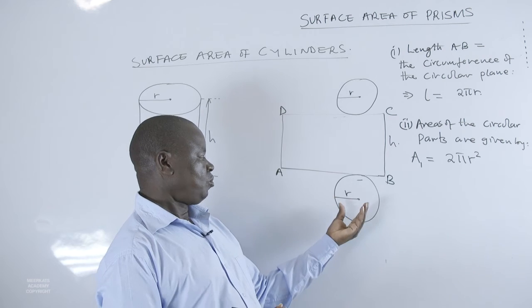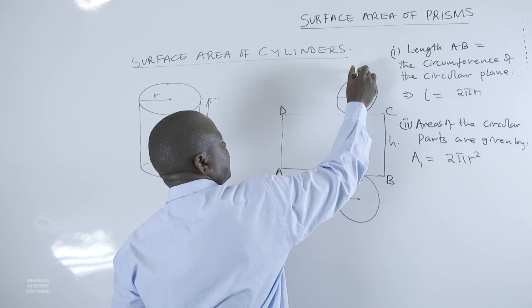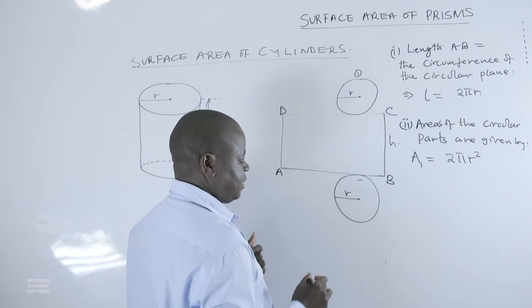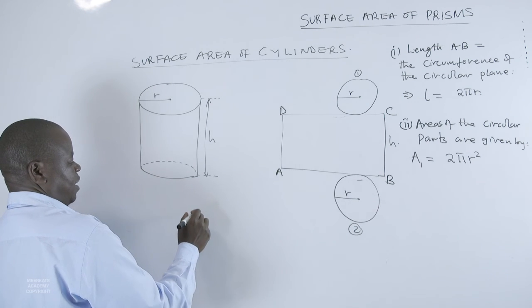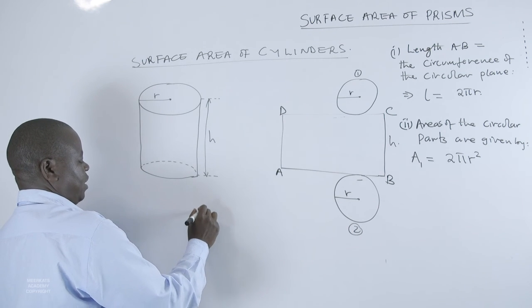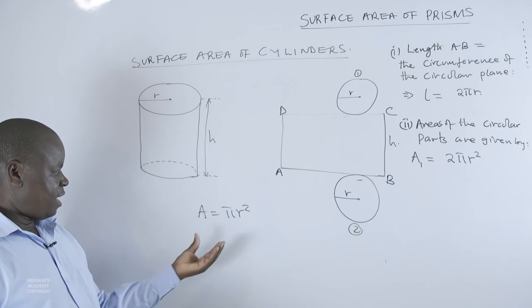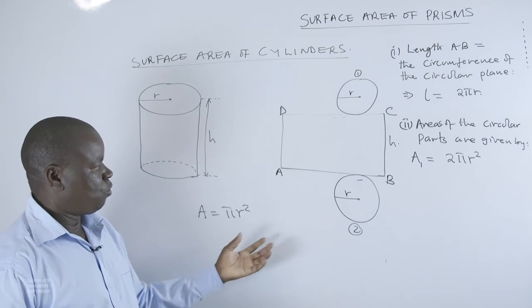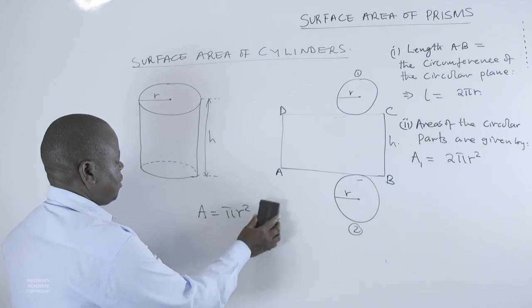Why? The first circle, which is our circle number 1, top part, and the second circle, which is circle number 2, are similar and will have area pi r squared. And since they are similar, we multiply by 2. That's where we are getting 2 pi r squared.